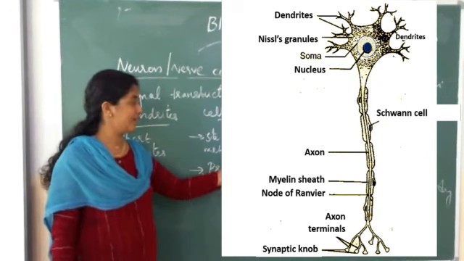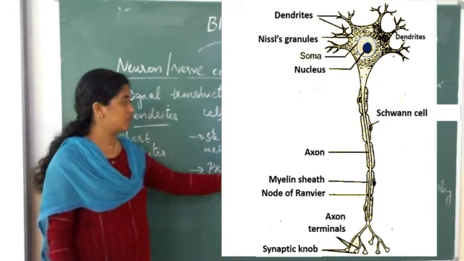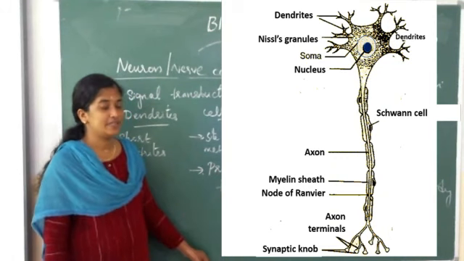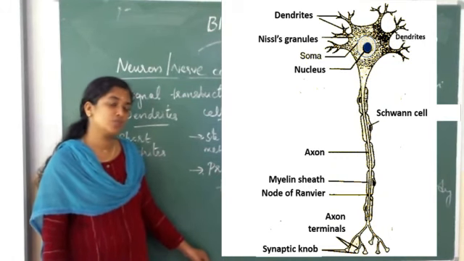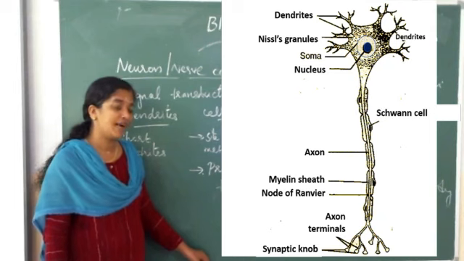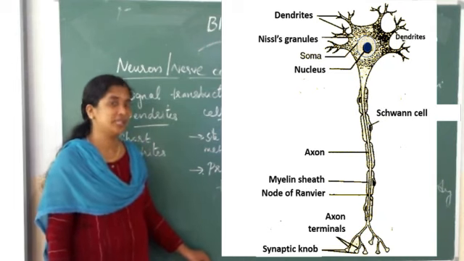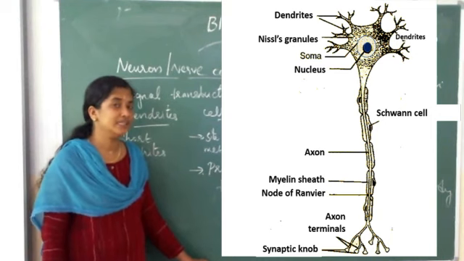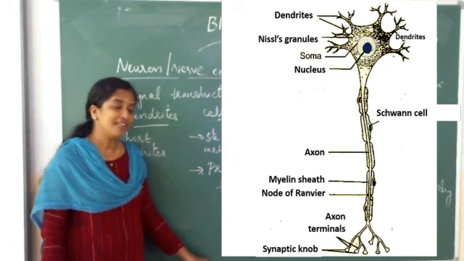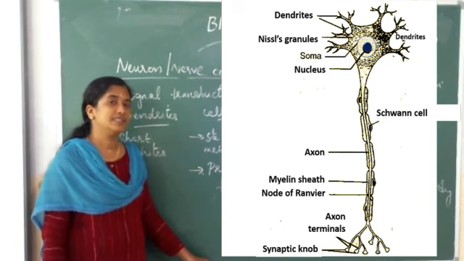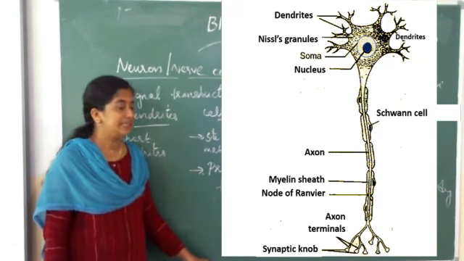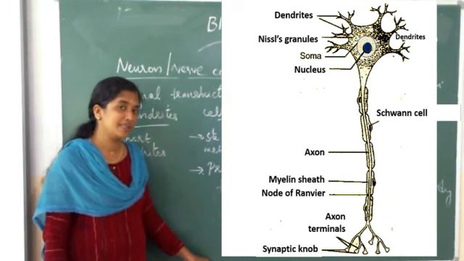At the end of this axon you can see many fine branches, that is axon terminals. It will produce some chemical signals to transmit from one neuron to the dendrites of another neuron. First the dendrites receive stimulus from one neuron or other sensory organs. Then the processing of the stimulus takes place inside the cell body.